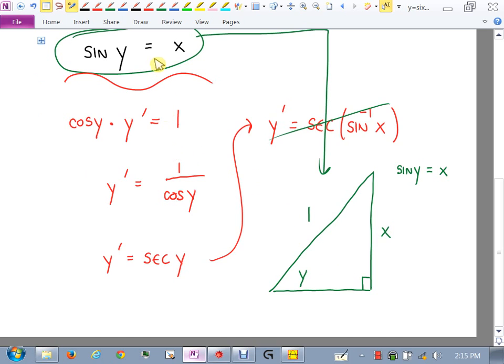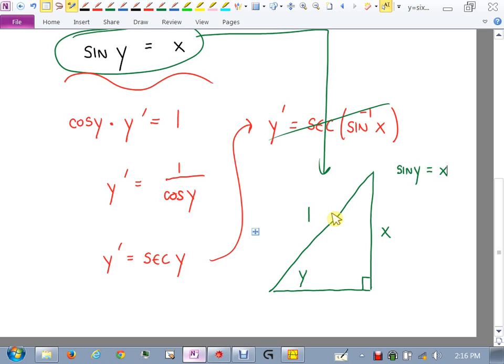So what I've done is I've taken this equation and I have reverse engineered a triangle from that equation. I've said, look, I need sine of my angle to be equal to x. So here's my angle. Sine is this side over this side. I need this side over this side to be x. So do you agree that this triangle matches this geometric situation? Yes?